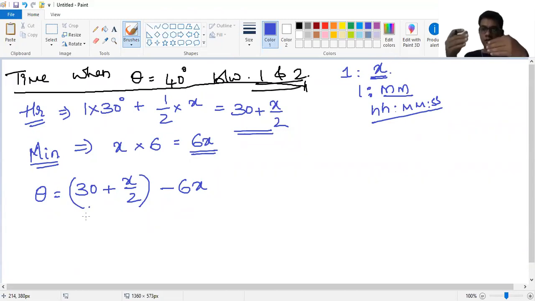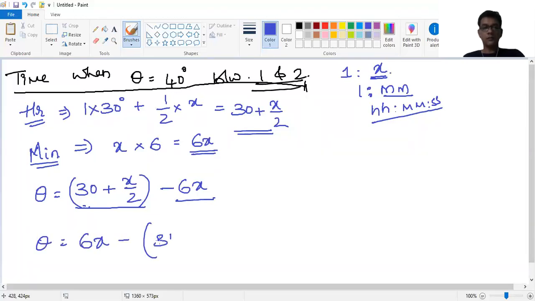You will always take the difference of bigger value minus smaller value. But in this case you do not know which is the bigger value and which is the smaller value. Which means you have to take the difference of 30 plus x by 2 minus 6x, as well as the difference of 6x and 30 plus x by 2.